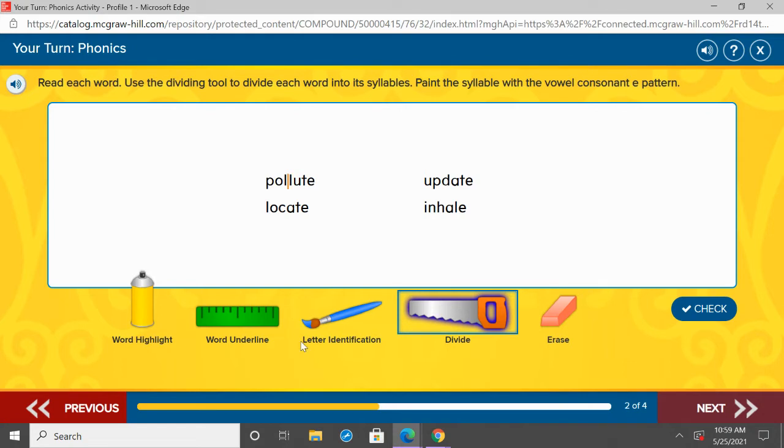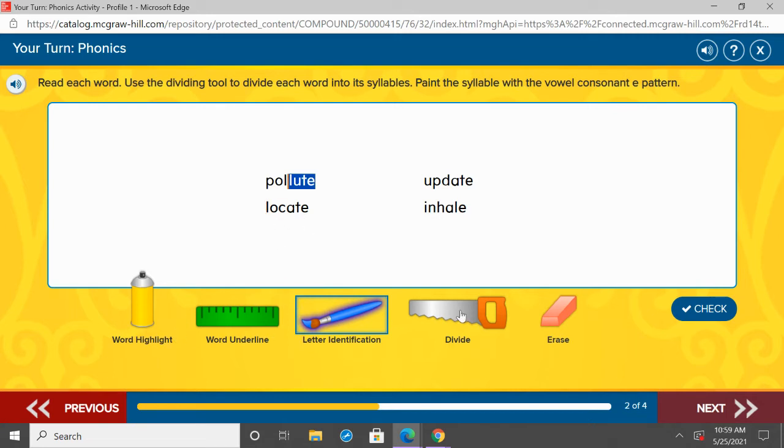I can see that L-U-T-E has that consonant, L, vowel, U, consonant, T, final E. So I know that's going to make my U long, so I'm going to paint that whole syllable. There we go. We have consonant, vowel, consonant, E, and that E is going to make my U long, and we're not going to hear that E. Pollute.